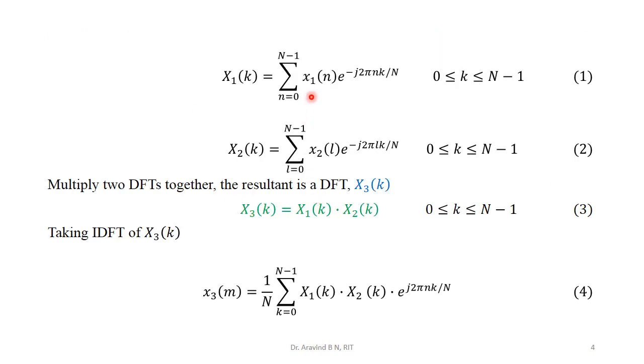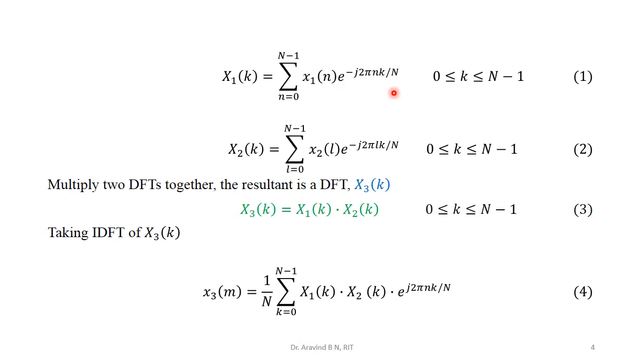So here the DFT applied for the sequence x1 of n, we are going to get x1 of k. Similarly, for one more sequence x2, we have applied the DFT and we are going to get x2 of k. So let us call this equation 1 and this one equation 2. A few things we have to observe over here.